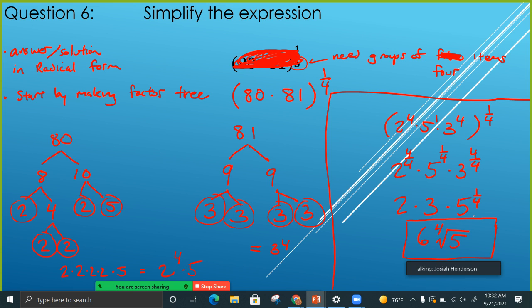Okay, any questions on this problem, please? Concerns? All right, I'll wait a few moments in case people are still writing down, and then we'll look at question 7.